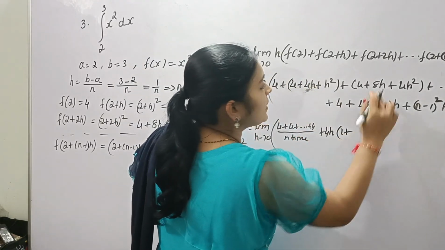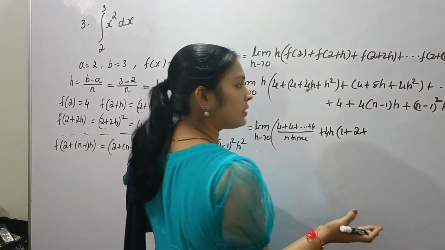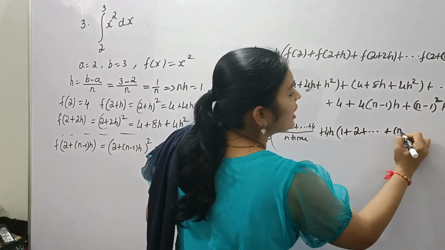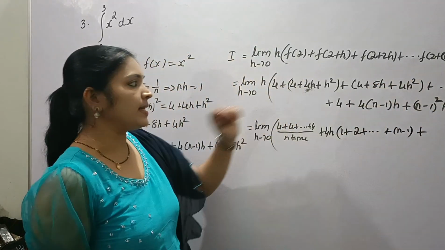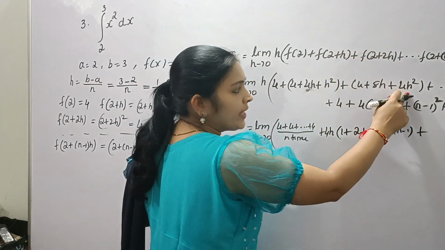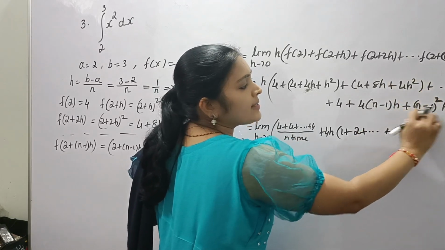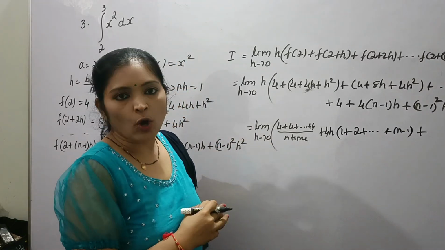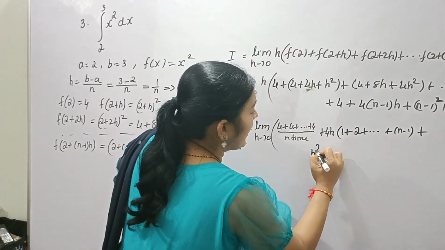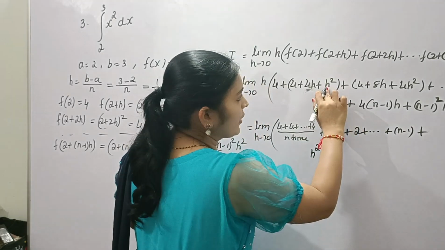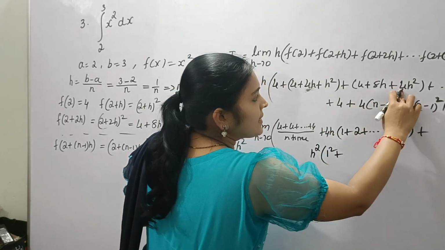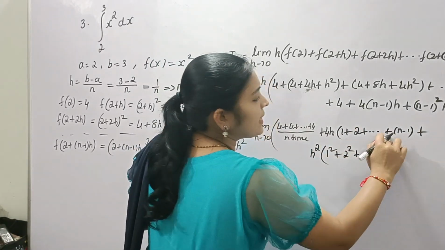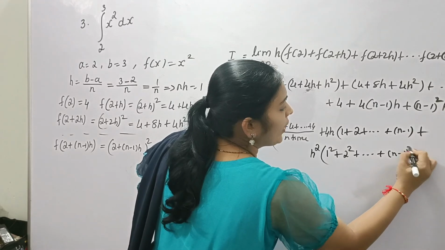So here it is 1 plus 2 plus 3 plus etc. plus n minus 1. After that see h square plus 4h square plus etc. plus n minus 1 whole square into h square. In these terms h square is common, so let's take it out. h square into 1 square plus 4, and 4 can be written as 2 square, plus etc. plus n minus 1 whole square.